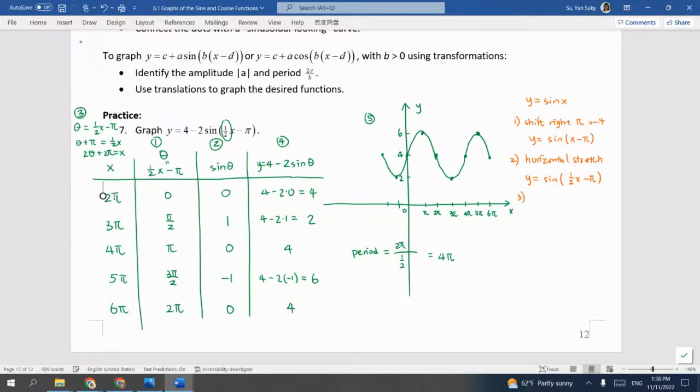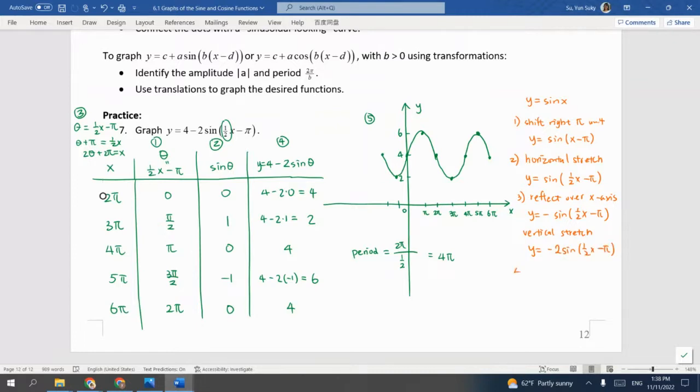And then what do we do? What happened to this minus sign? Reflect over what? The x-axis, right? So we have a minus sign. And how about the 2? What does the 2 do to it? Vertical stretch. And so then we have the 2.